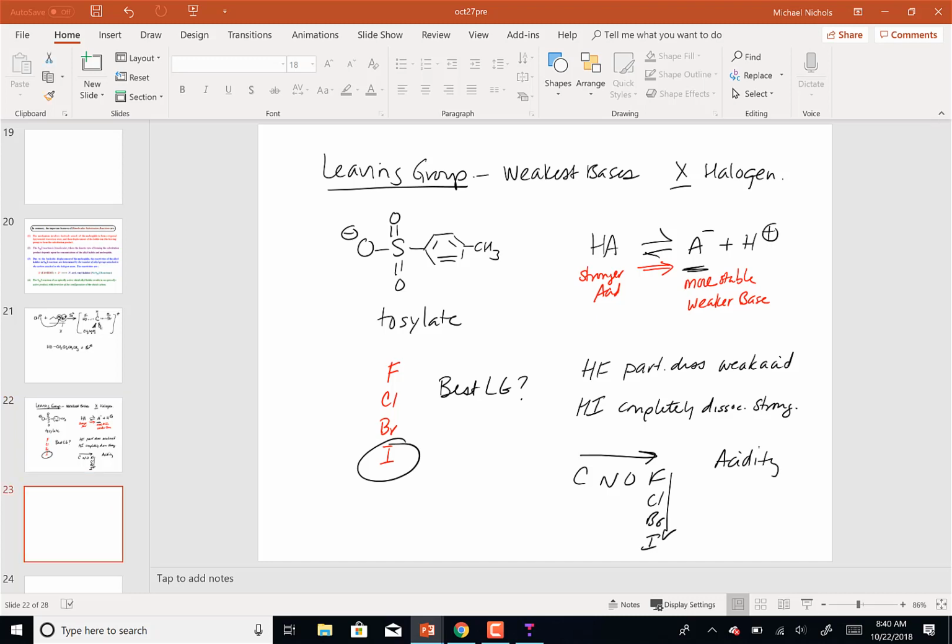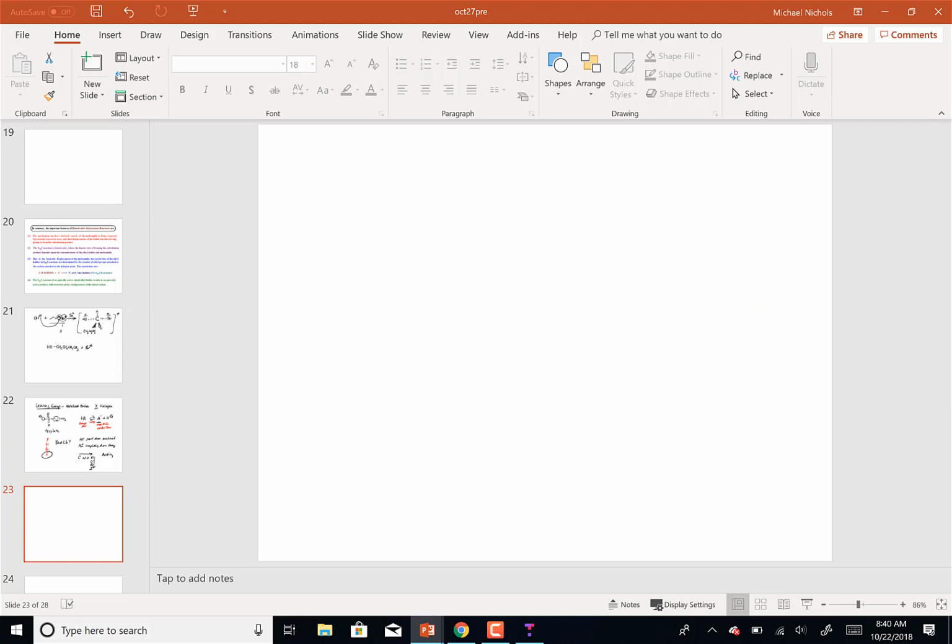Now, for the sake of argument, I'm going to talk a little bit about nucleophilicity here for a minute, because they go together. So nucleophilicity is just the big word of the day for the strength of being a nucleophile. Well, nucleophilicity isn't as easy because it depends on how you're going to look at the relationship.